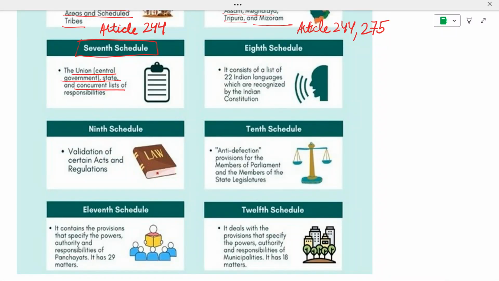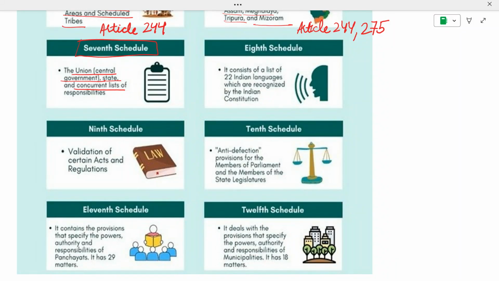The union list includes the subjects which are under the control of the union government. The state list contains the subjects which are under the control of state governments, and the concurrent list includes various subjects which are under the control of both union as well as state governments.